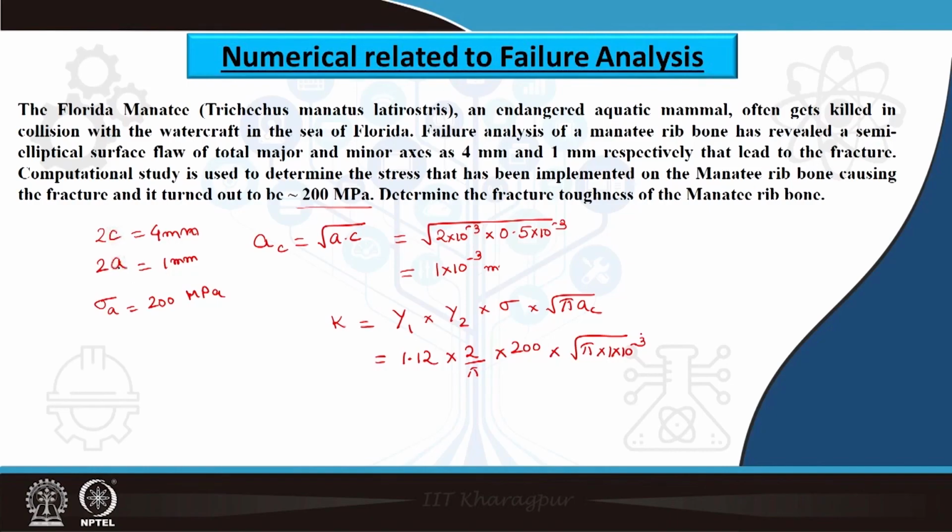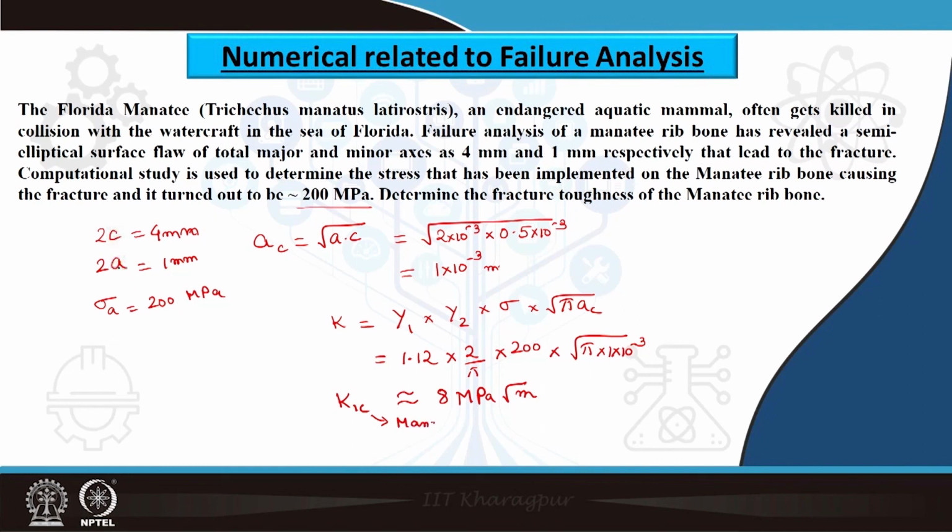So, that turns out to something like this. It turns around 7.99, or let us approximate this as 8 MPa root meter. Fracture toughness of manatee rib bone turns out to be 8 MPa root meter.